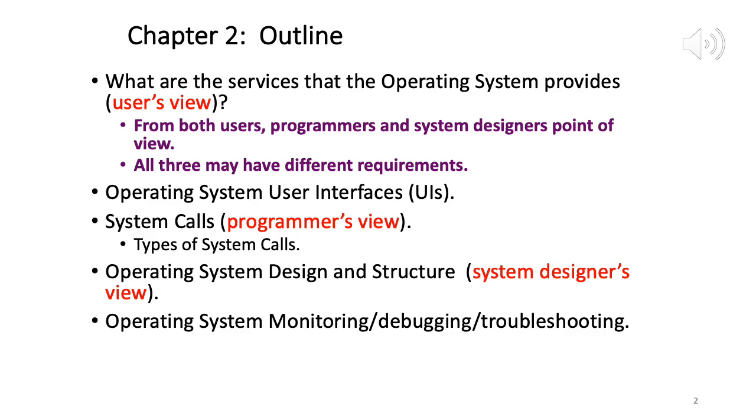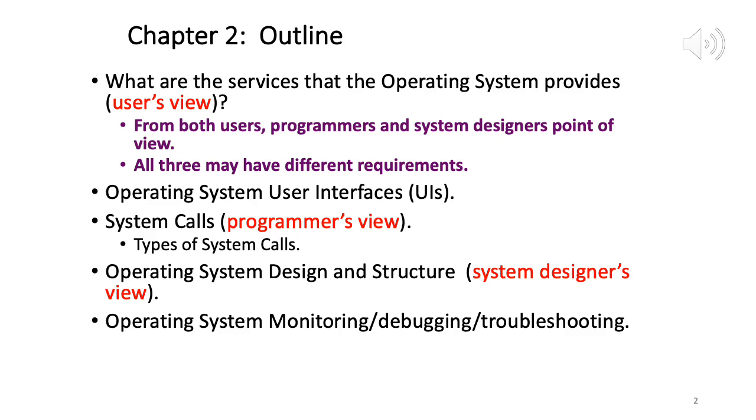Okay. So if you're designing an OS, then from your point of view, how does the OS look? So three different points of view: the user view, ordinary users, not people familiar with computer science, the computer programmer's view, and then finally the system designer's view. From these three angles, we'll be looking at an operating system in this chapter.